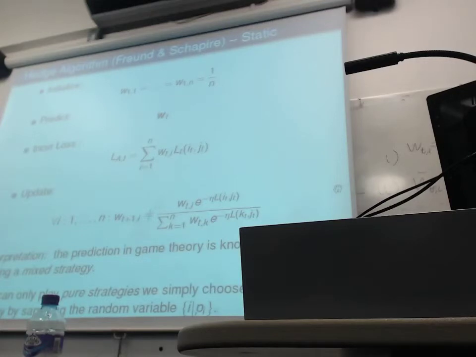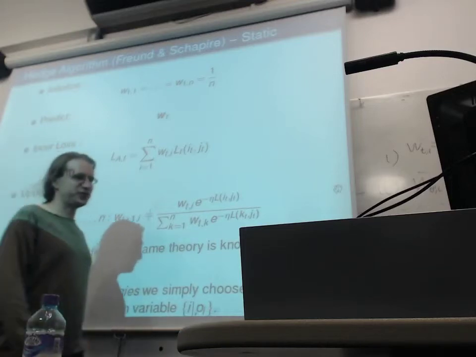So what we're doing now is, the way we set things up is we receive a loss, and we give this weight vector. It's like we're playing a mixed strategy. If you play rock, scissors, paper, the optimal mixed strategy is to choose 1/3, 1/3, 1/3. So if we can choose mixed strategies, we play the mixed strategy. If we can only play a pure strategy, we just sample to choose an action.